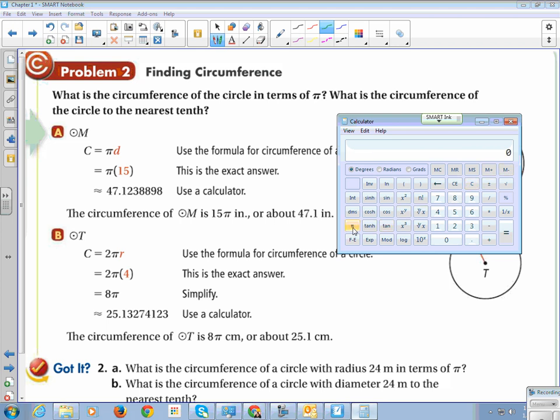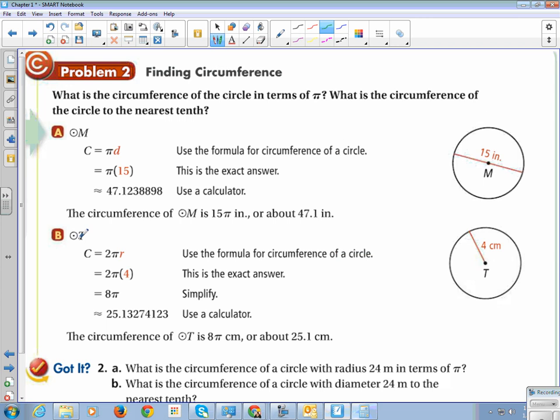Pi times 15 is 47.12. So for when we just have the radius, which is 4, you go 2 times pi times radius, 2 times pi times 4. 2 times 4 is 8, and then 8 times pi is 25.13.